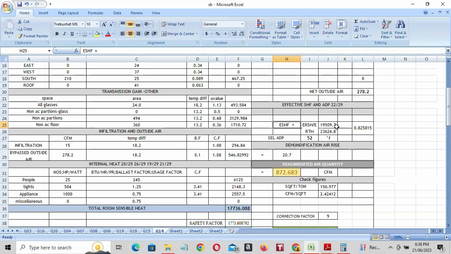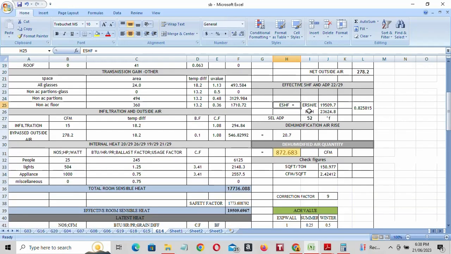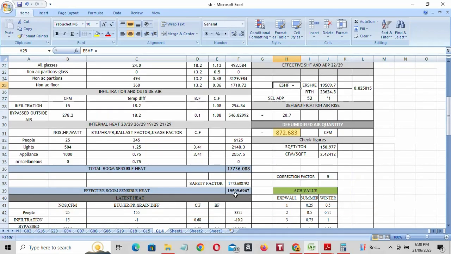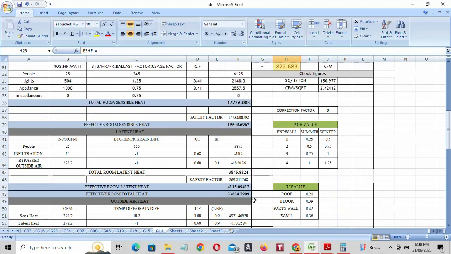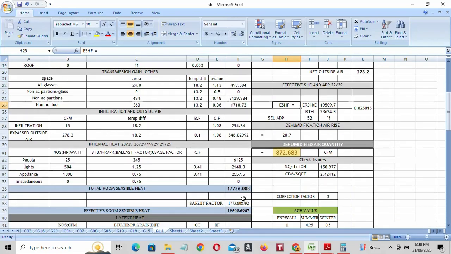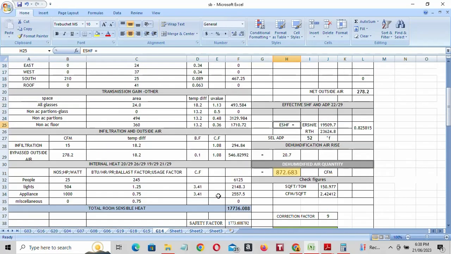Effective sensible heat is 19509, and effective total heat is 23624.7905. If you divide, you will get 0.82. So our effective sensible heat factor is 0.82.